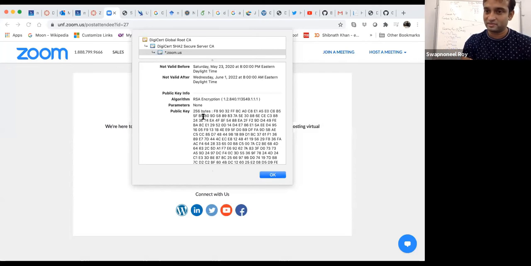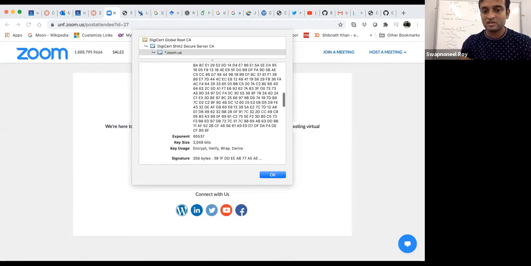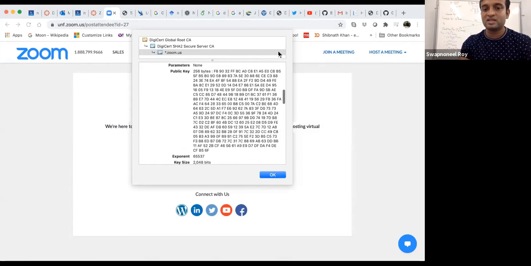Or if you want to verify a digital signature, something sent by unf.zoom.us to your browser, that digital signature is verified by using this public key. And it's of course in hexadecimal.